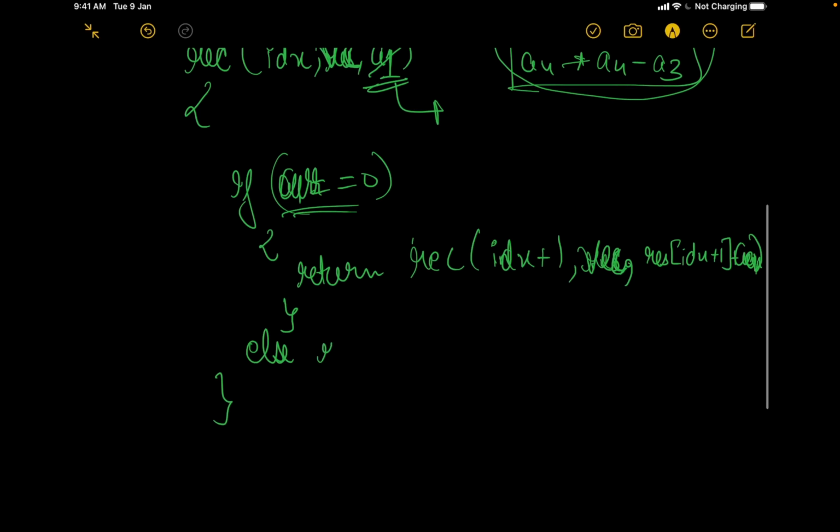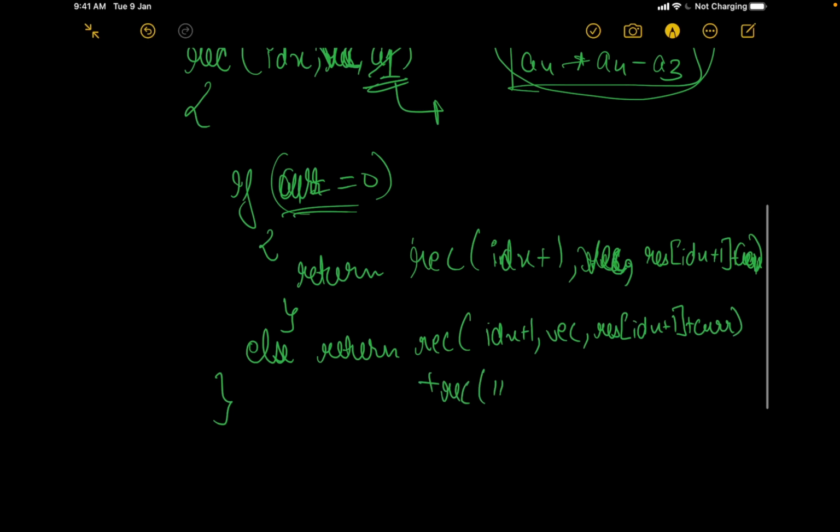Else we have to return recursion of idx plus 1, vec, and the value at idx plus 1 plus current. The rest of the things will remain the same, but here, rather than adding, we subtract it.